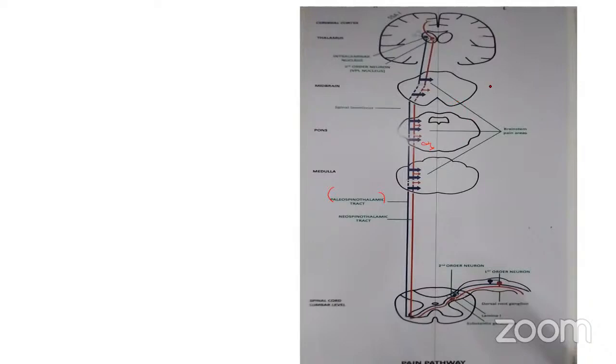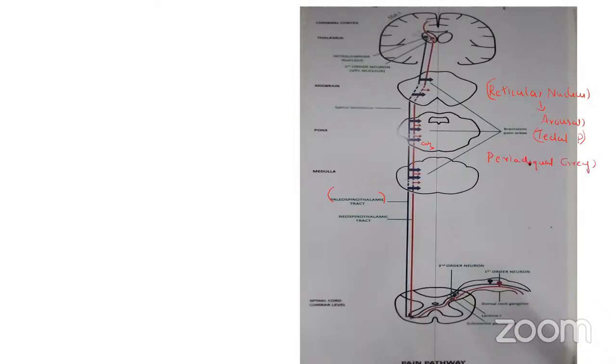First one, reticular nucleus. We know that the reticular activating system is concerned with arousal, so the pain causes arousal. Reticular and tectal nucleus both are related to arousal and sleep. And another region is the periaqueductal gray.